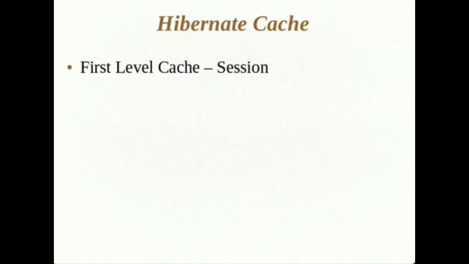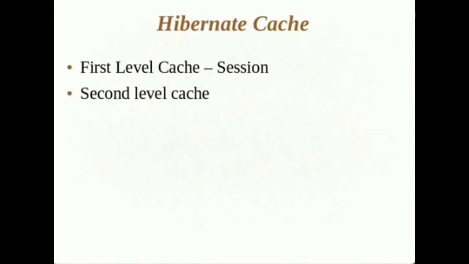So whatever caching happens in the session will not be there for a long time. If you're accessing data that you had accessed in the earlier session, you would have to query the database if the session is already closed. So you would want another level of cache that goes beyond sessions. So we can implement the second level of cache, and that's what we're going to talk about in these tutorials.